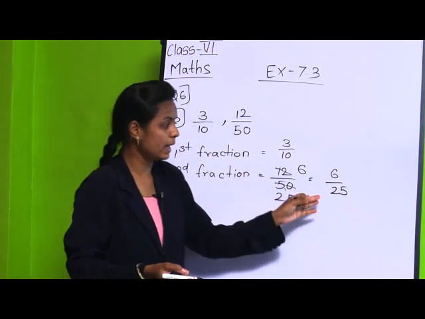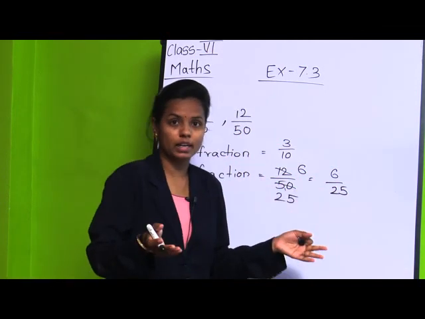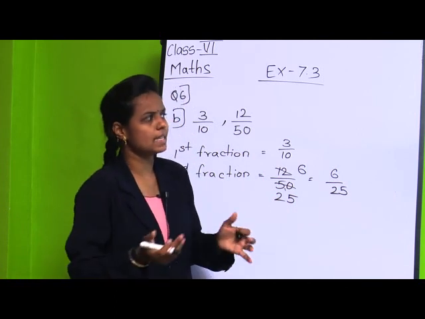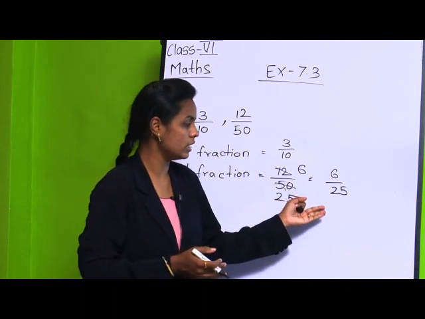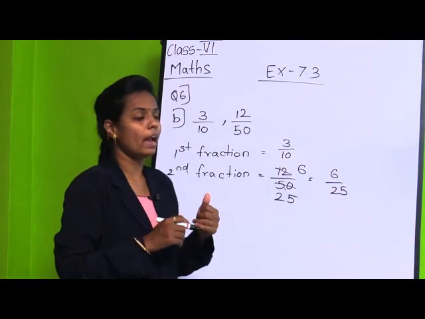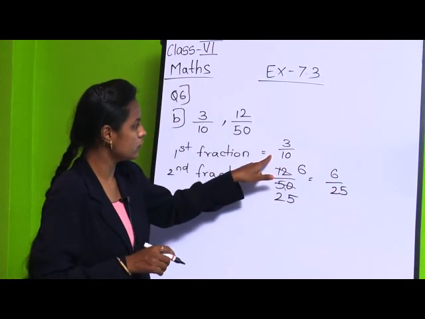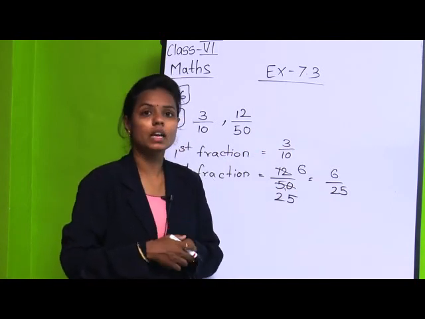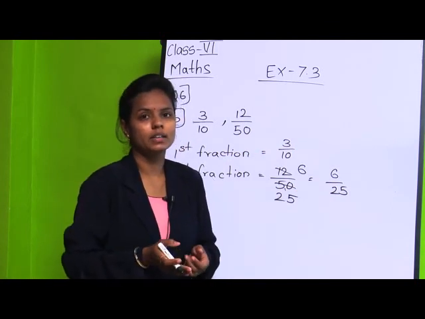Whether 6 by 25 goes in any particular table? No, this does not go. So, this is the lowest term itself. Now, we have to check, see the first fraction is 3 by 10 and the second fraction is 6 by 25. Whether these are equivalent?